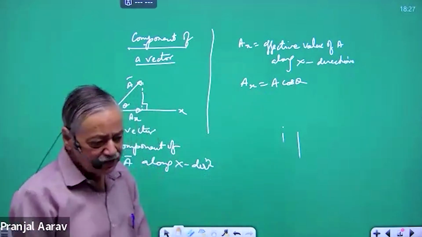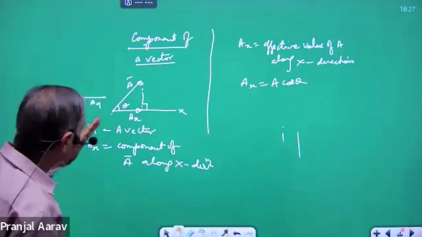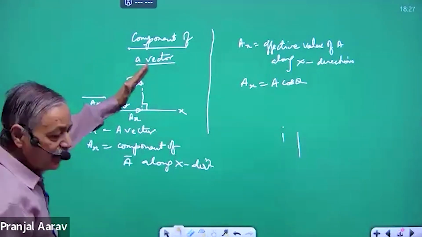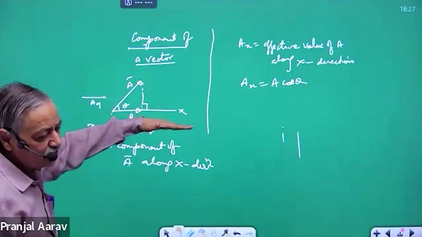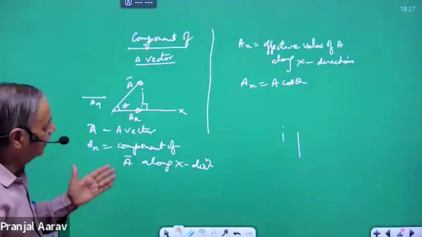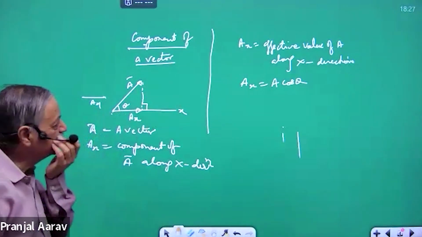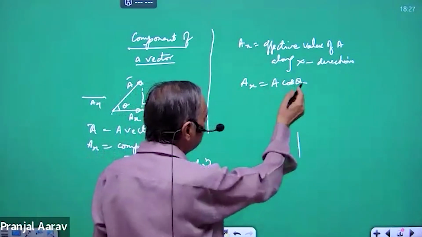Effective value, that means A is acting in this direction. So A will have some effect along X direction. What is that effect? That effect is AX. How much is AX? AX is equal to A cos theta.